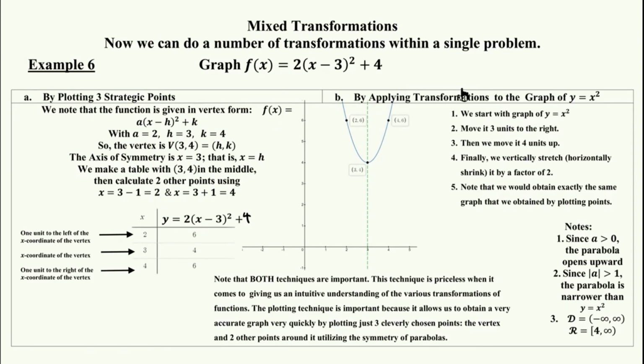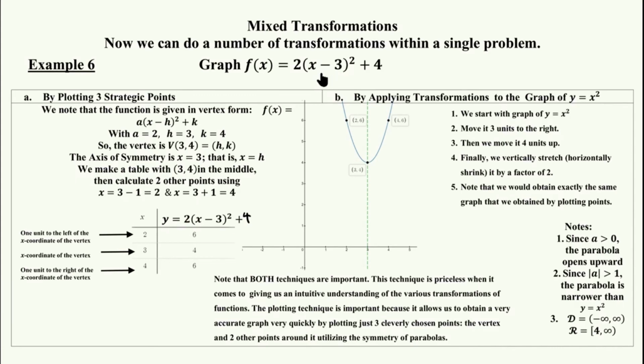The other way is by just looking at this and deciding what transformations you need to do to the graph of x squared to get this graph. So you can start by taking care of the horizontal shift. So you say start with the graph of x squared, then move it 3 units to the right. Remember, x minus 3 turns out to be a movement of 3 to the right.